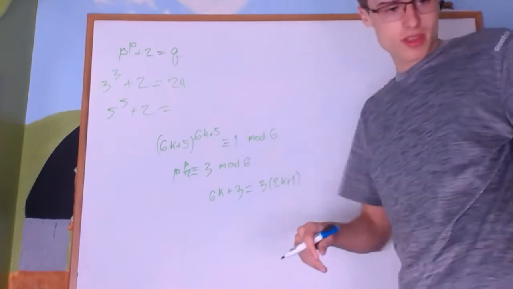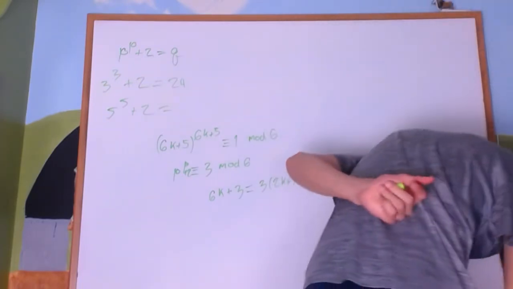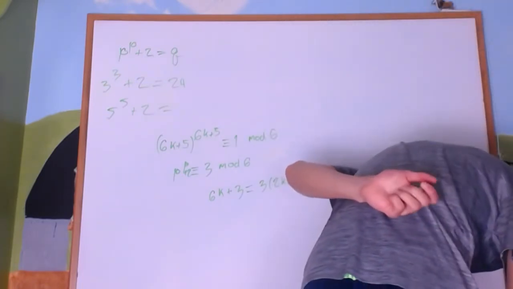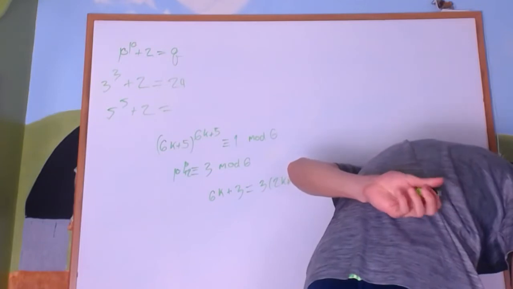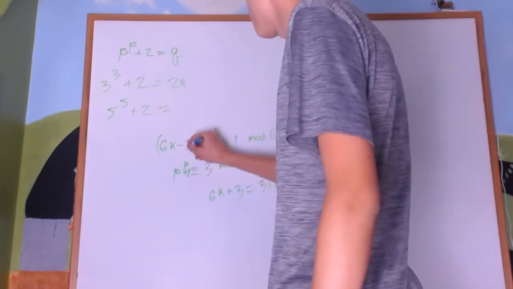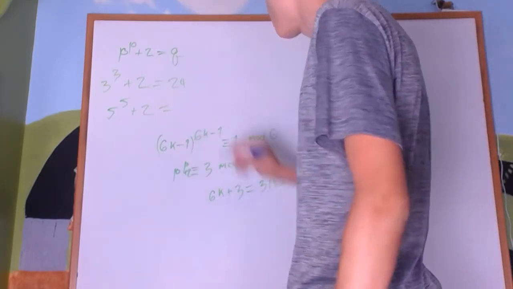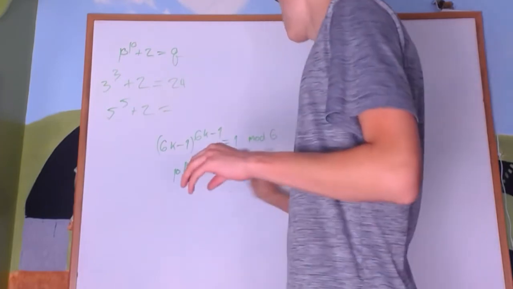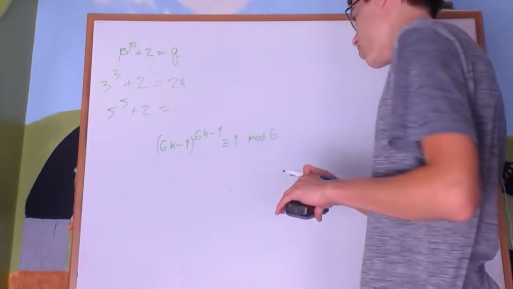Alright, so that's going to be a little harder. Thanks for giving me the answer. Oh, okay, so 6k minus 1, 6k minus 1 on the top as well. So that's congruent to negative 1 mod 6.